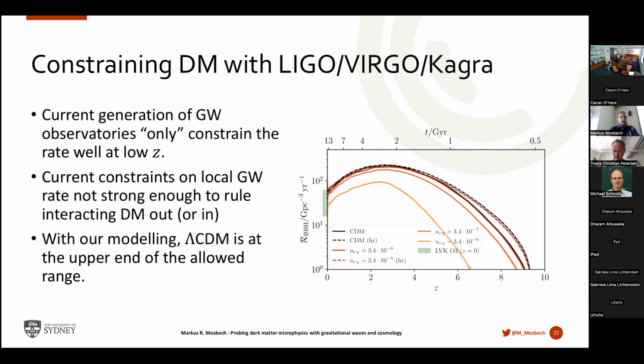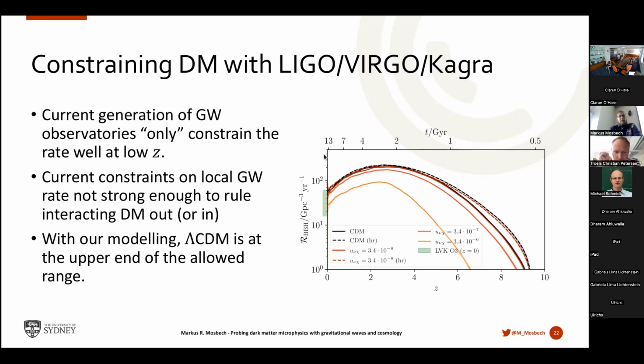So can we detect this difference today is the question. Sadly, the answer is no. These are the same models I showed the formation rates of earlier. This is the merger rate as a function of redshift.